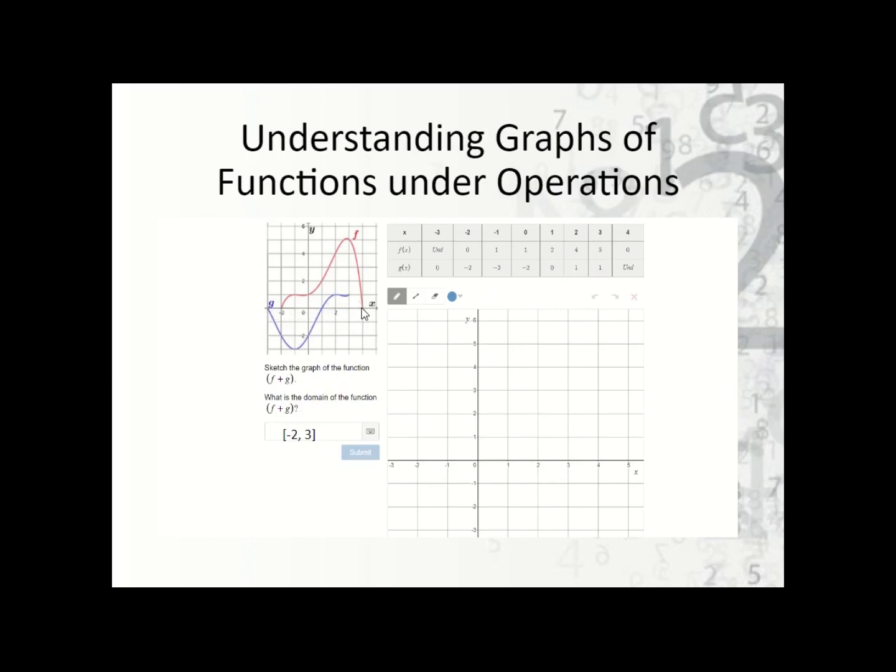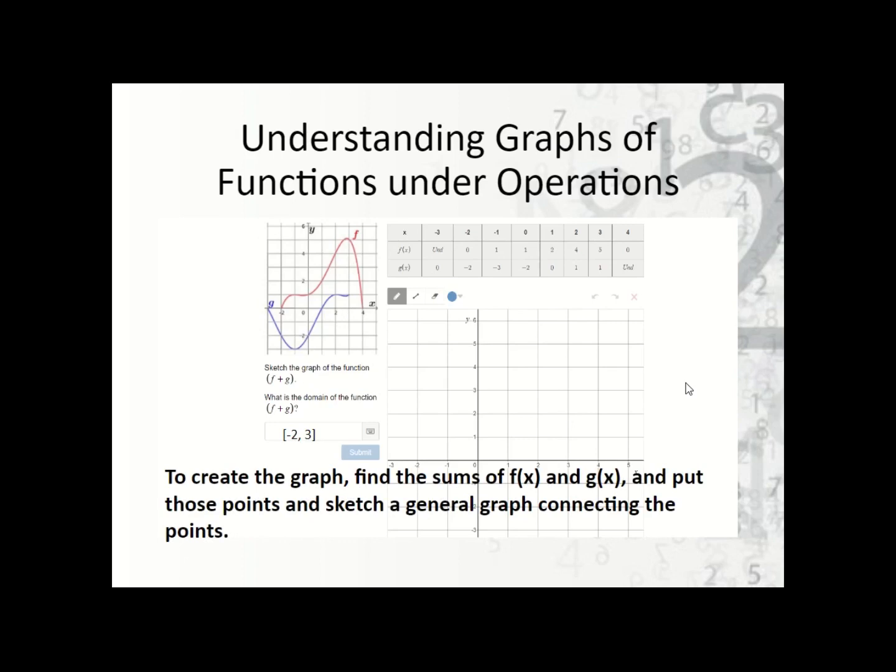Now, notice this one goes to 4, and this one goes beyond that. So why is that? Well, it's the parts that are in common. Well, over here, there's no f value, so this is undefined at that part for f, so that makes the whole thing undefined when we add it together. So it ends right here at negative 2. Just like this one ends at 3, so we would say from negative 2 to 3 is where this exists.